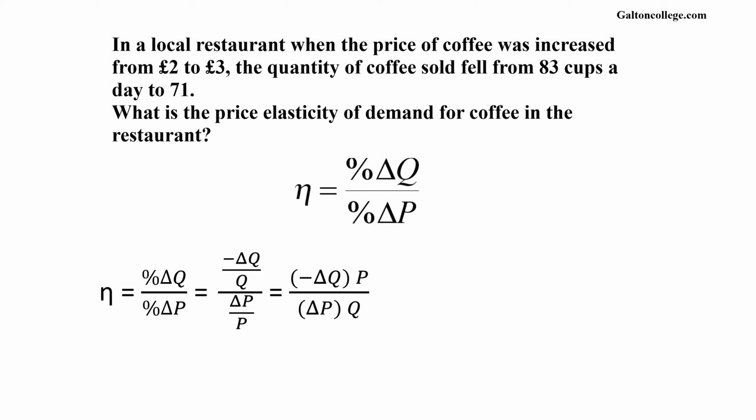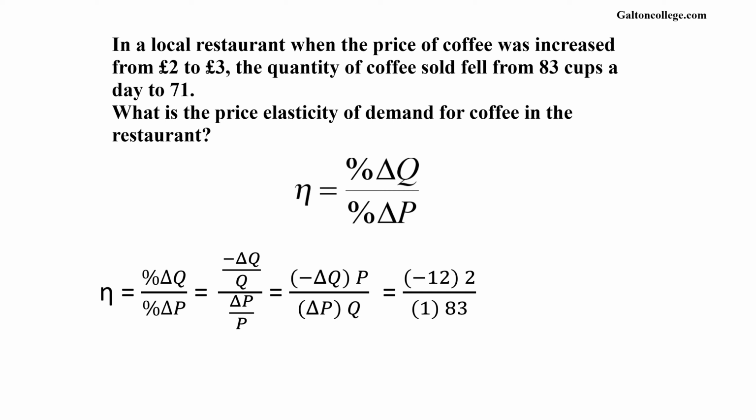Let's feed the data into here. So we're saying that there's 12 cups of coffee less. The change in the quantity is 12 cups of coffee. Okay. And the price has gone from 2 to 3.